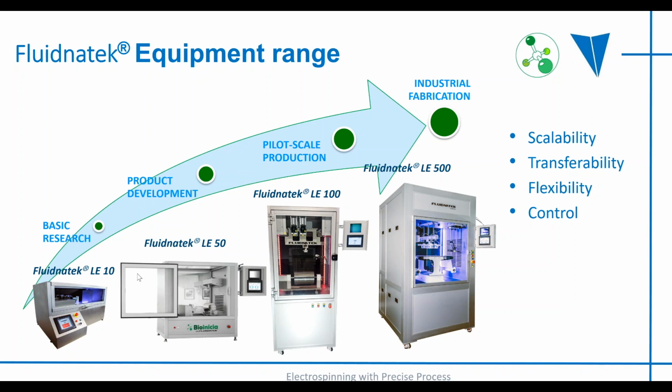We target it towards advanced product development and also in some cases manufacture. So we sell this equipment to some customers working with ISO 13485 or GMP certification for manufacture of their medical devices, for example. And the LE500 is targeted towards scale-up, pilot scale manufacture on roll-to-roll type applications.